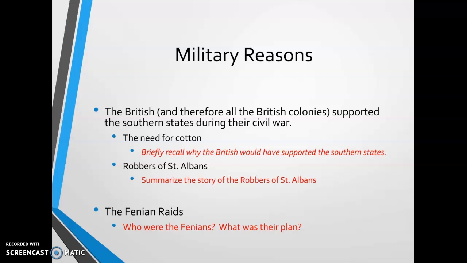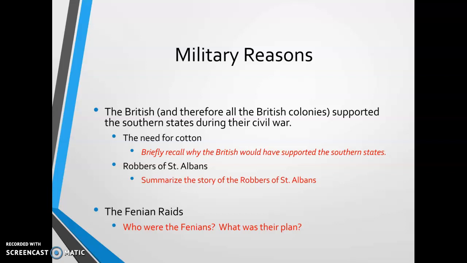The American government asked the Canadian government to please arrest these people and send them back to the United States. Well, we arrested them all right, but then we did something really stupid. We put them on trial here in Canada. So they were put on trial in Montreal, and we had no jurisdiction.